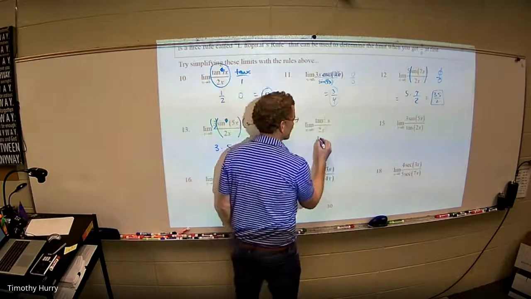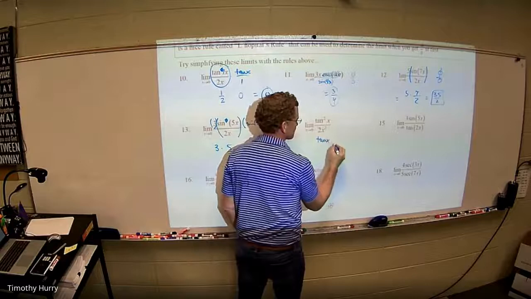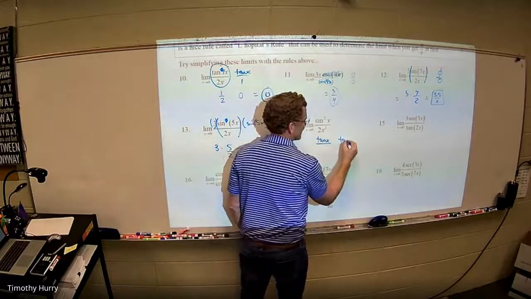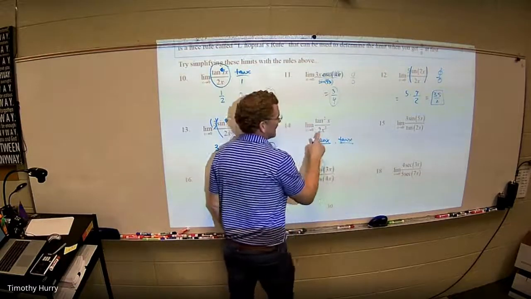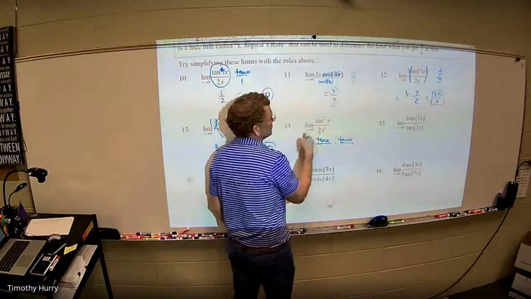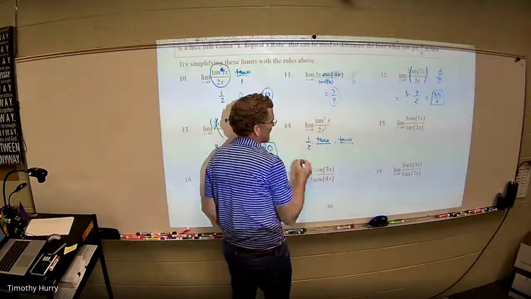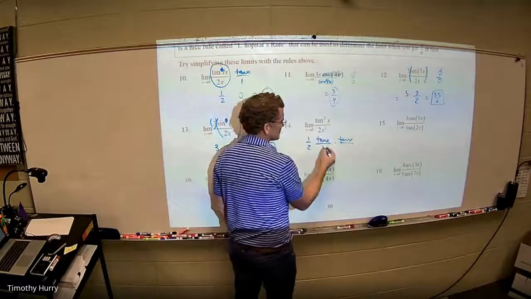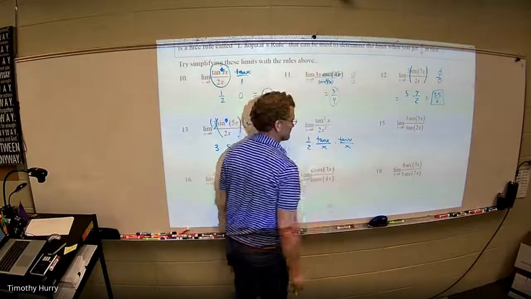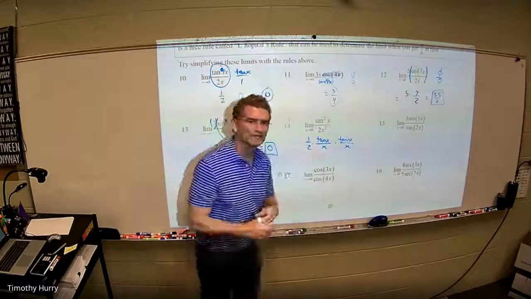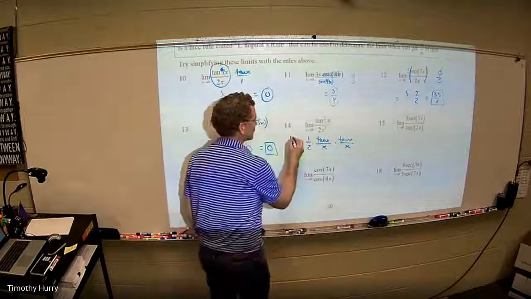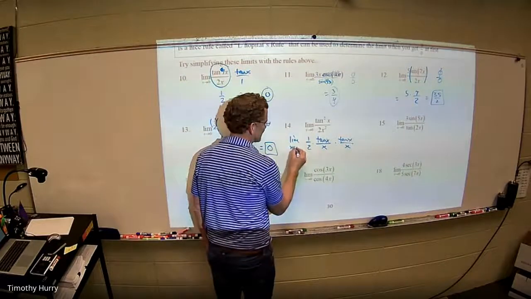So I'm going to rewrite this as tangent x, and I'm going to leave the 2. Yeah, you can move the 2 out to the front if you want. Make it a 1/2. Take the x, split it up. You could leave the 2x with that. Doesn't really matter. Now, when I redo this limit, I do the limit of each part.